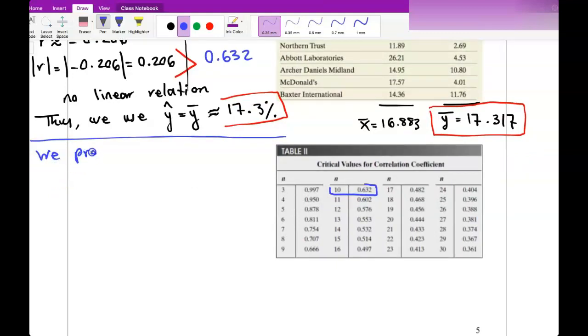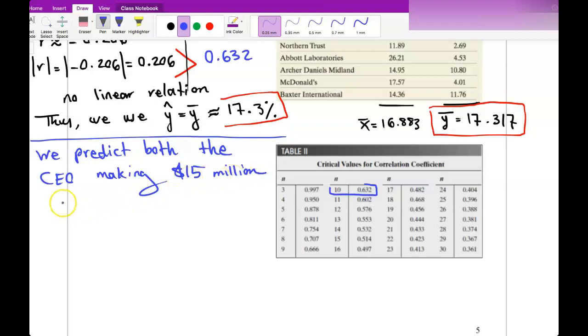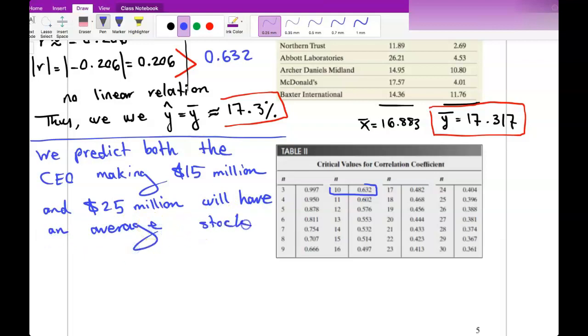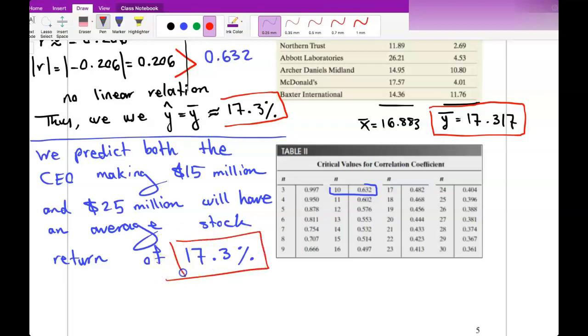So our conclusion is we predict that executive officers making $15 million and $25 million will have an average stock return of 17.3. So this is based on what we got here.